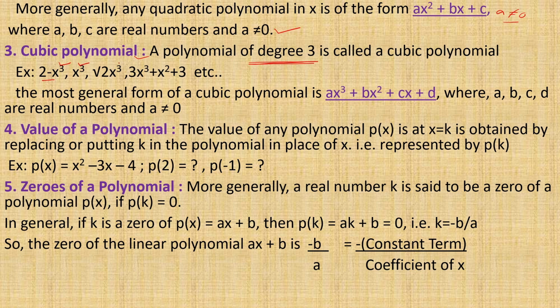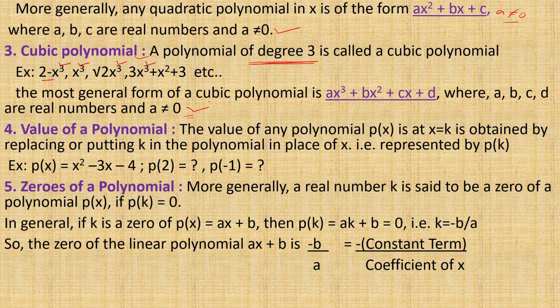Root 2 x cube, highest degree 3. 3x cube plus x square plus 3, highest degree 3. If the highest degree of a polynomial is 3, then it is called a cubic polynomial. The most general form of a cubic polynomial is ax cube plus bx square plus cx plus d, where a, b, c, d are real numbers and a is not equal to 0.